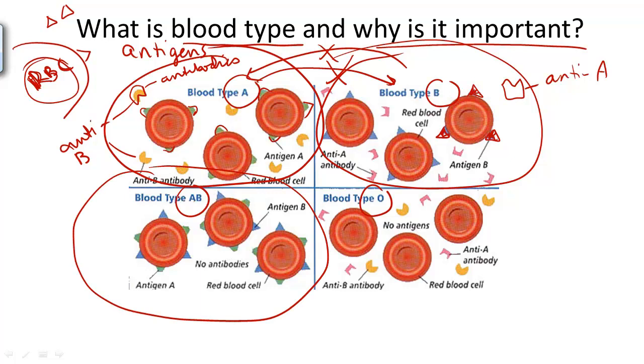Blood type AB. Blood type AB has both antigen proteins on its surface. You can see antigen A and antigen B. So what kind of antibodies will it produce? Well, it won't produce any antibodies. Why?